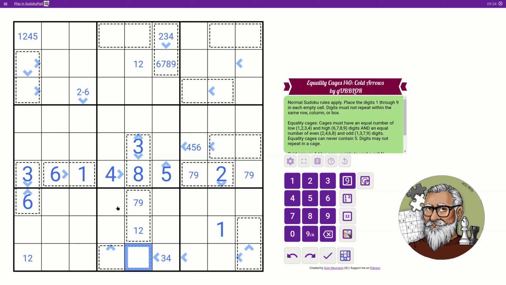Okay. Can this be 4? It's not 1, 2, or 3. So it would be interesting if it's not 4. If it's, then this would have to be from 1 or 2. That seems to be okay.